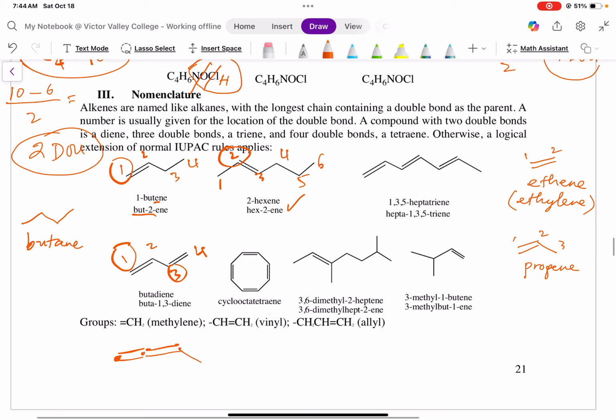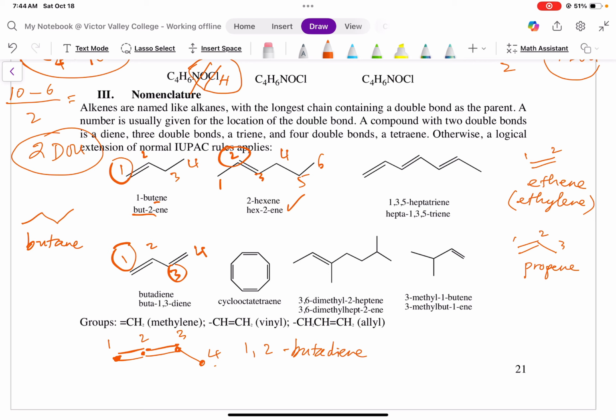So that would be 1, 2, 3, 4. So that's 1,2-butadiene. 2 double bonds back to back.